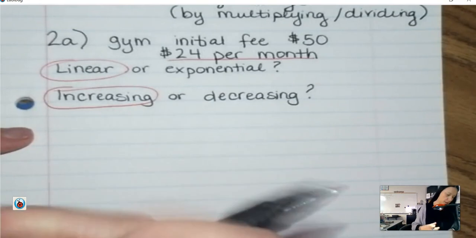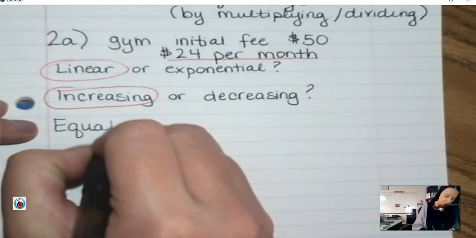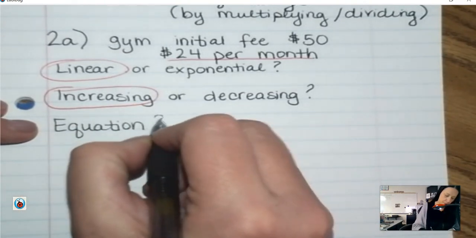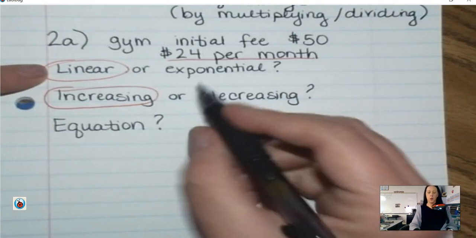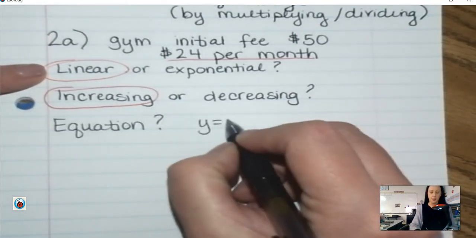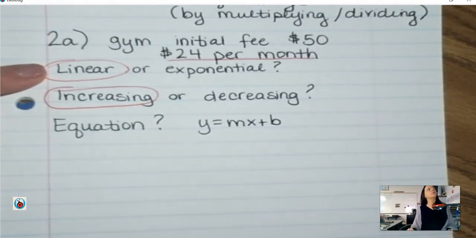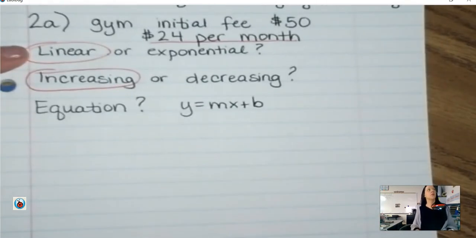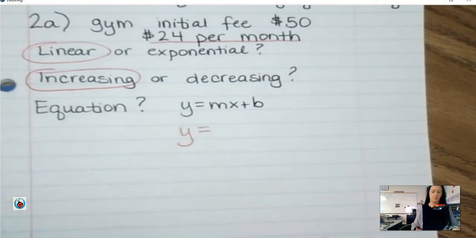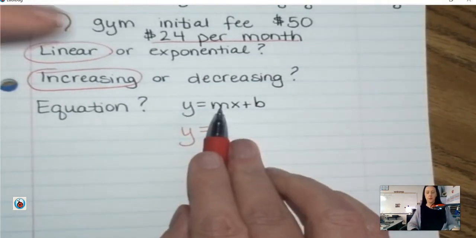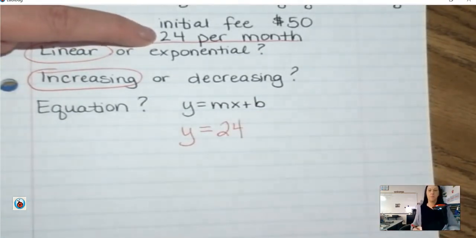And then I want to know what's the equation. Since I said it's linear, I know the equation will be set up in slope-intercept form. So for this situation, it'll be y equals m, which stands for the slope, how much it's changing per month, so that's the 24.